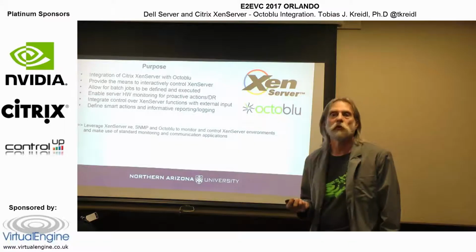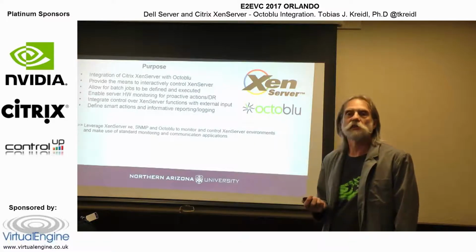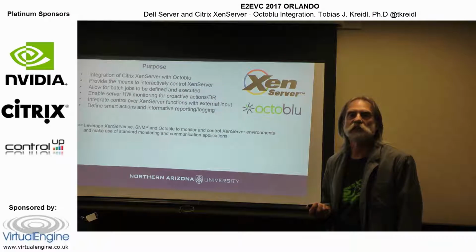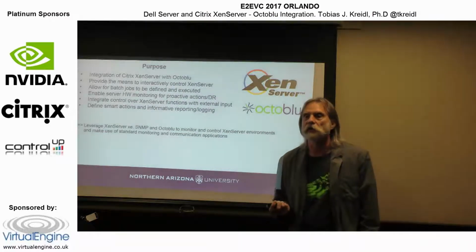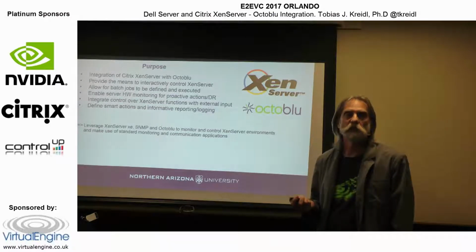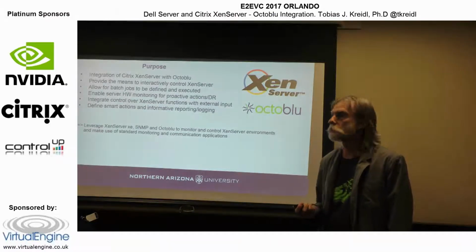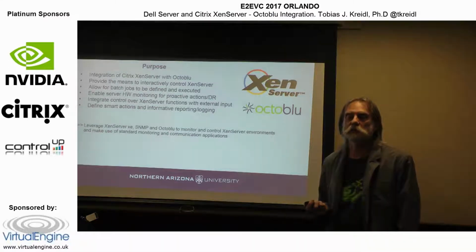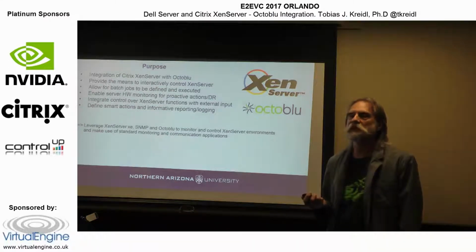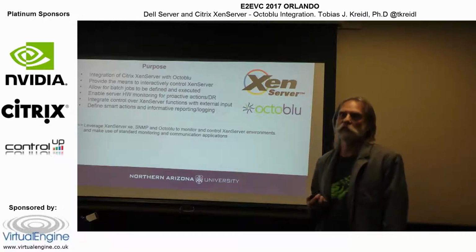Now, why is that important? Well, we all know that Citrix has such things as workload balancing, high availability, and all that, which is wonderful and very nice to be able to utilize in an environment. But part of the problem is that high availability doesn't mean uninterrupted availability.